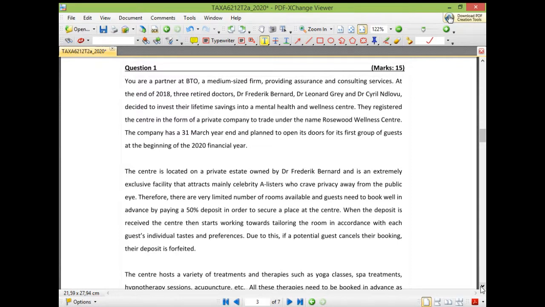The company has a 31st of March year end and is planned to open its doors to its first customer or guest at the beginning of the 2020 financial year. So they will only pretty much be trading from 1 January up to 31st of March, is what this information is telling you.